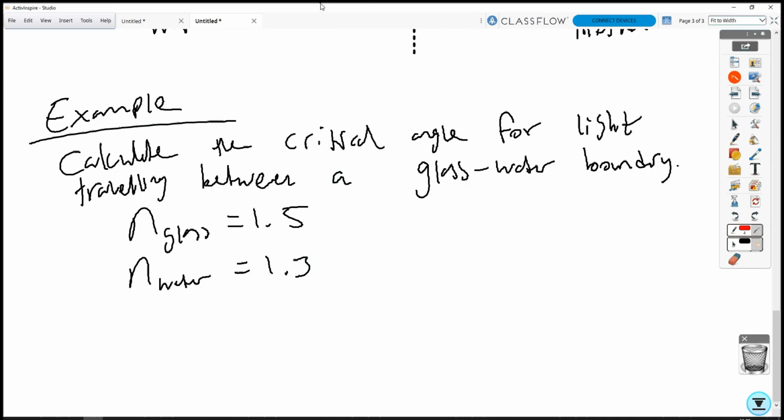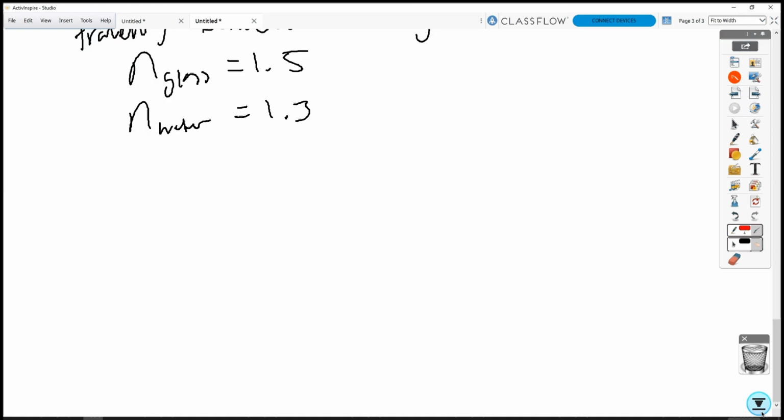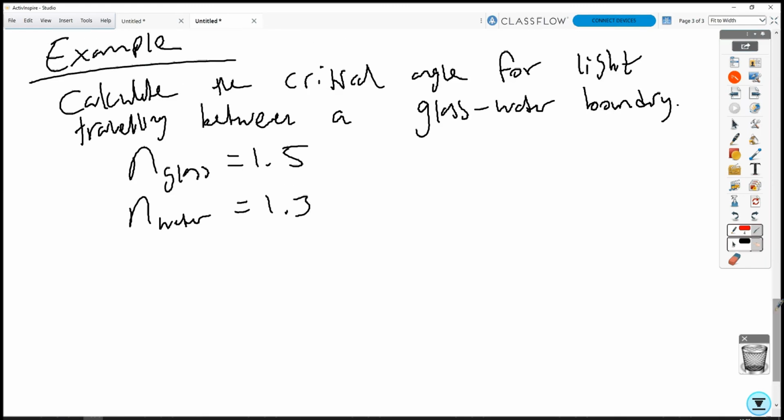So, to answer this question, first you need to know that for the critical angle, or for total internal reflection to occur, the ray of light must be trying to travel from a more optically dense material to a less optically dense one. So that means that the direction of light has to be from glass to water.